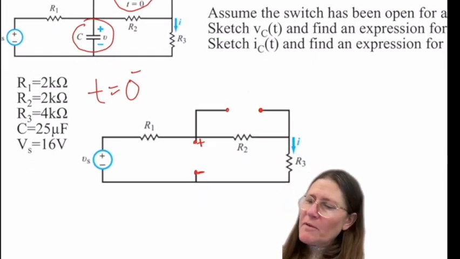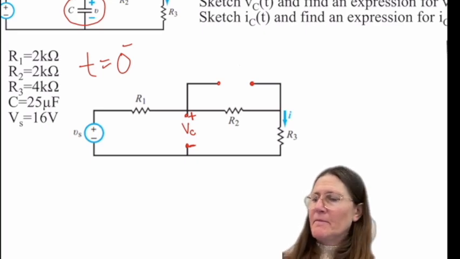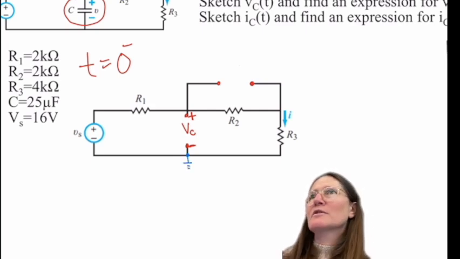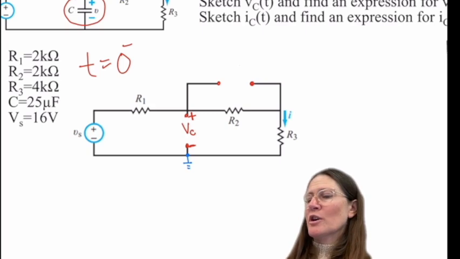And then we're going to find this voltage here, VC, across it. So what is that going to be? It's not going to be 0. I'm going to put a ground to have a reference point. So it will be Vs if there's no current flow. Is there current flow?